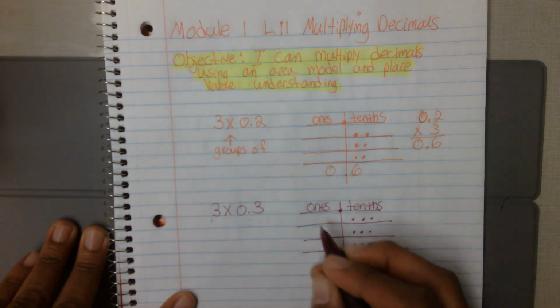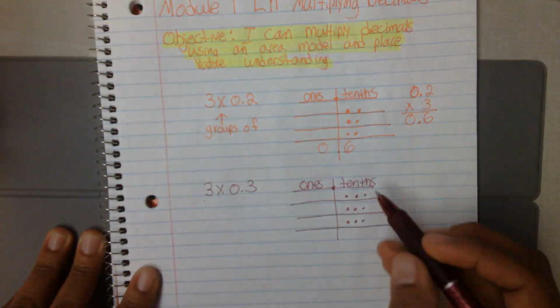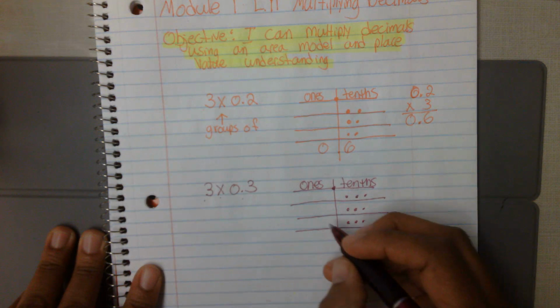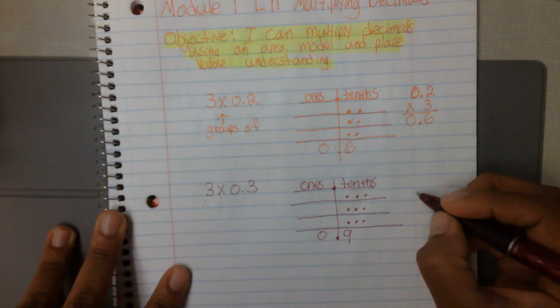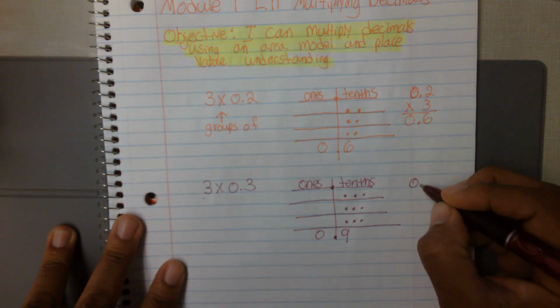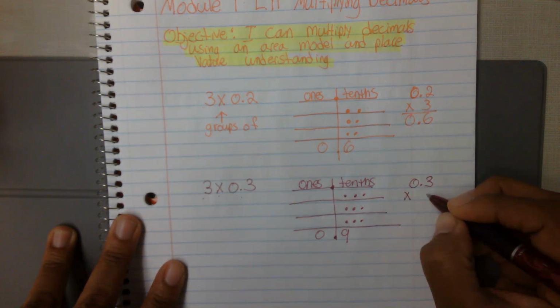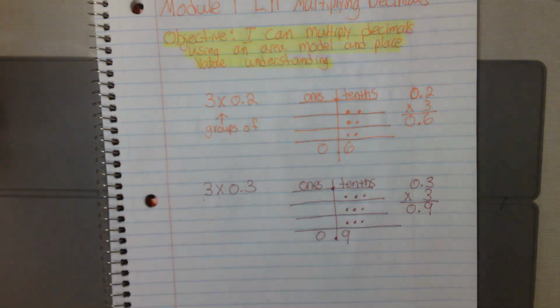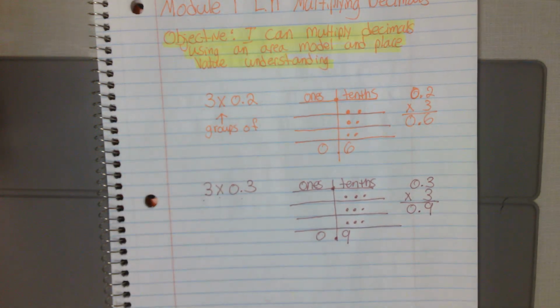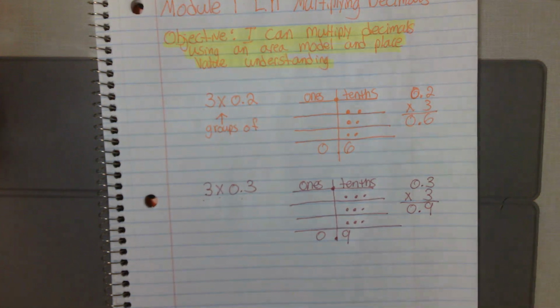There's 3 groups. So I have 3 groups of 3/10. When I add them all up together, 3, 6, 9, I have 0 ones and 9/10. So that means that 3/10 times 3 is 9/10. So that's how you would do it on a place value chart.